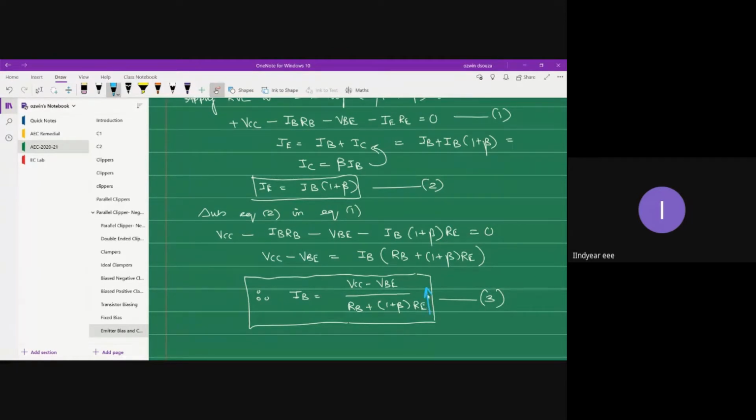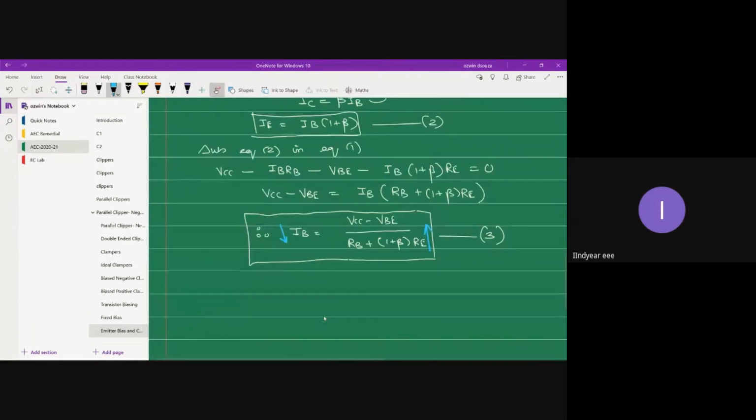So with the increment in beta value, what happens to the base current? The base current decreases, and the collector current is directly proportional to the base current, due to which the collector current will also reduce. The collector current is given as beta times IB. That's your equation 4.